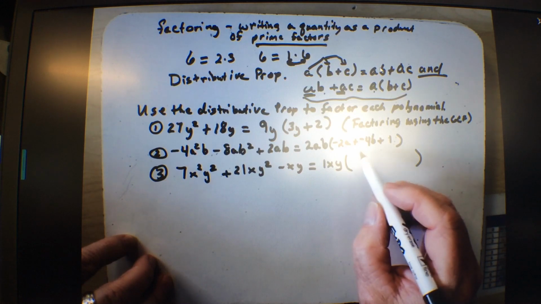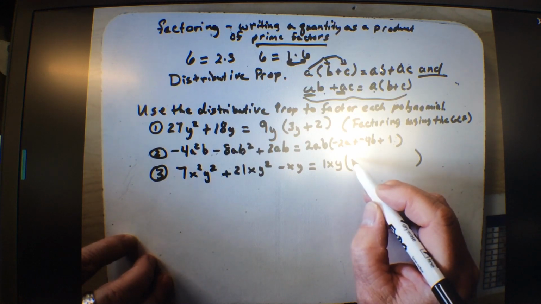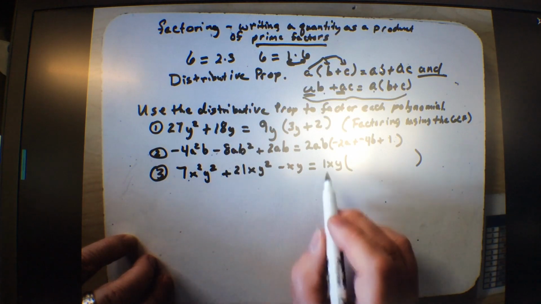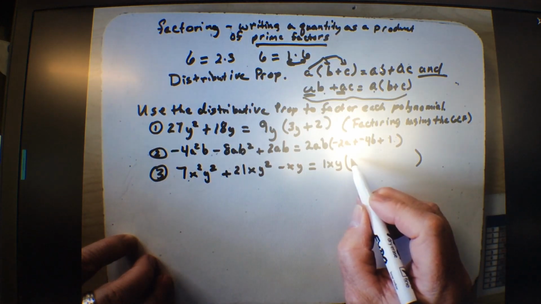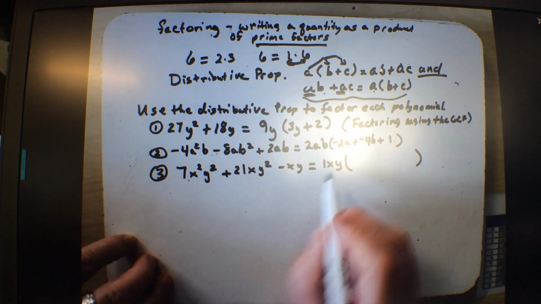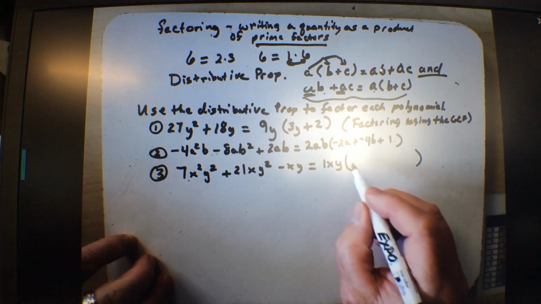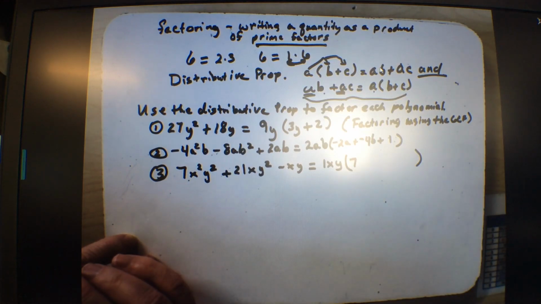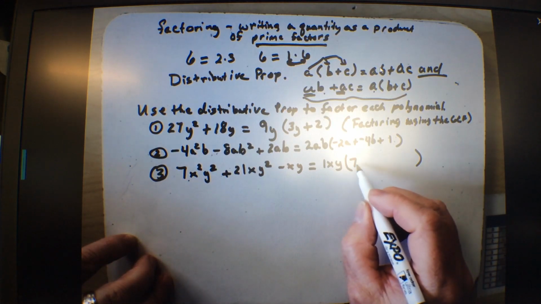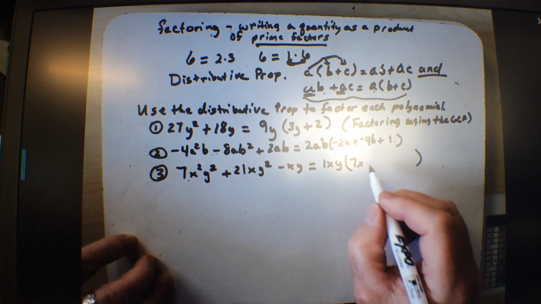What's left? Divide this by this. What do you get? 7 divided by 1 is 7. X squared divided by x, Tater. Y squared, yeah, okay, xy, you said it.